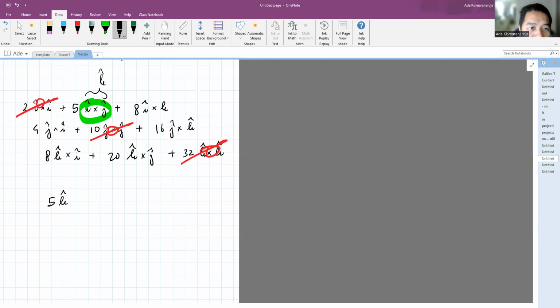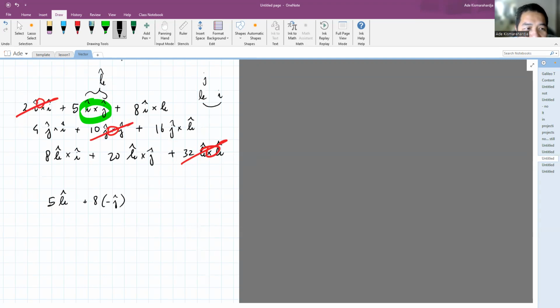Now, what is I cross K? Let me draw another diagram like this. I cross K, you go in the clockwise direction. That's giving you a minus. It is minus J.